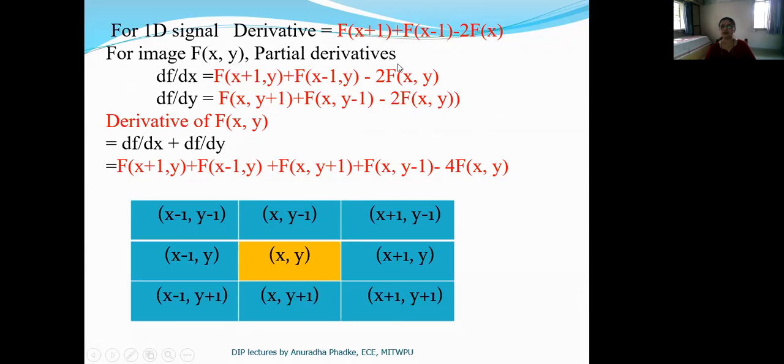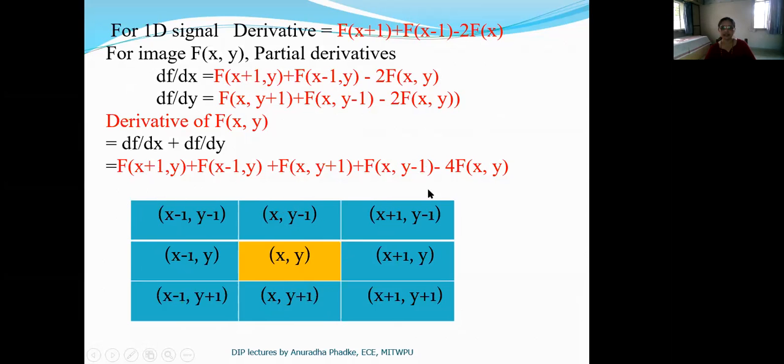When we add these two equations, we get this equation. Minus 2 times f of xy is added with minus 2 times f of xy, so this gives us minus 4 times f of xy. And these four terms are f of x plus 1 y, f of x minus 1 y, f of x y plus 1 and f of x y minus 1.